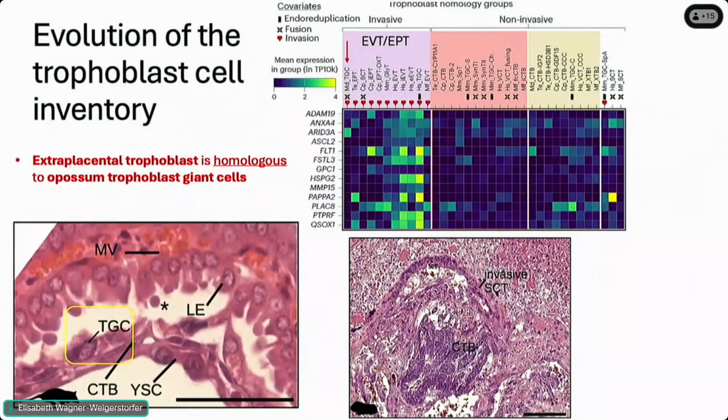There's another one, this is an invasive syncytial cell in the guinea pig. So this extravillous trophoblast is homologous to the opossum trophoblast giant cells, which themselves are not invasive. It's actually interesting that this invasive cell is syncytial.